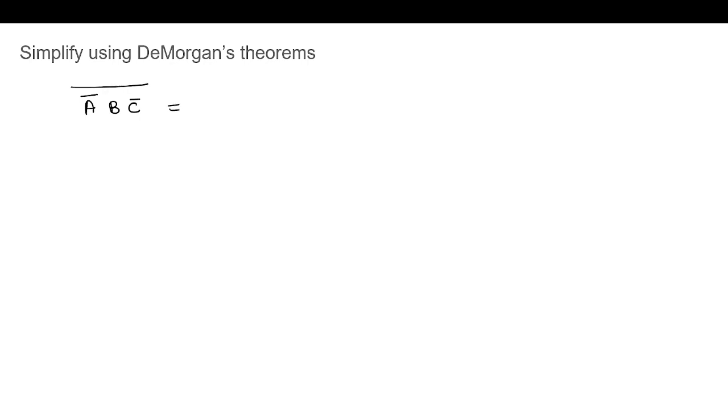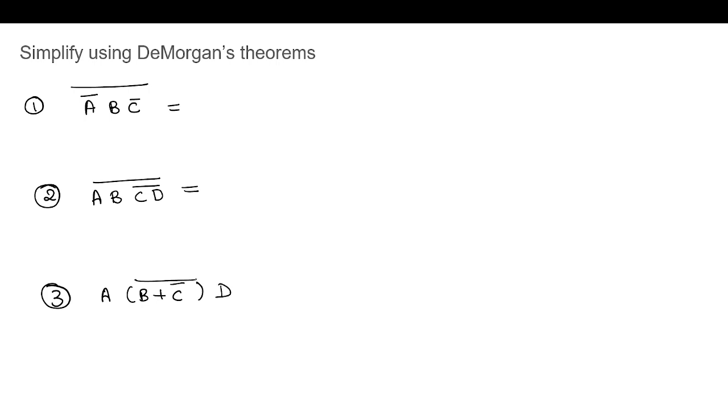The next simplification is A, B, C, B. And the third simplification is A, B plus C bar D, complemented. So can you please try parallelly with me?